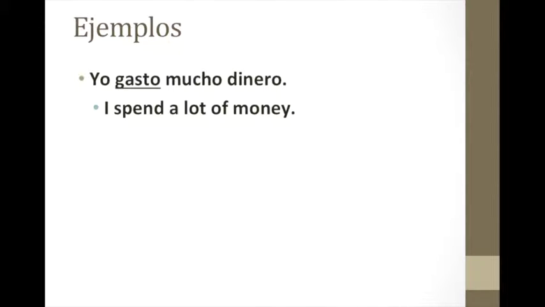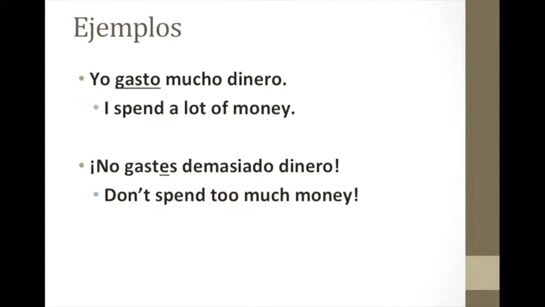To say don't spend a lot of money, we start with yo gasto, drop the o, and the opposite ending for an AR verb, gastar, is ES. No gastes demasiado dinero. Don't spend too much money. Notice how you have a no out in front because it's negative, and a flipped ending, no gastes.